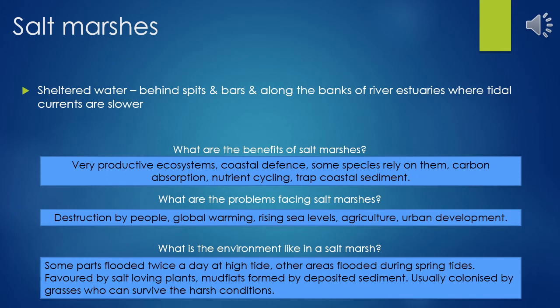Linked to global warming, we've got sea level rise, so the sea levels are going up. Hopefully that's not breaking news to you, considering we studied it right at the start of the year. And obviously, as sea levels go up, because of the thermal expansion of water, it means that more of the salt marsh is going to be underwater for more of the time, and that's really going to affect some of the species that live there.